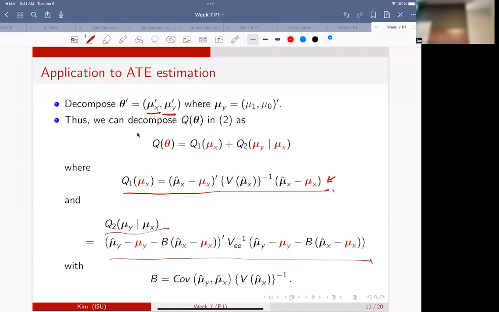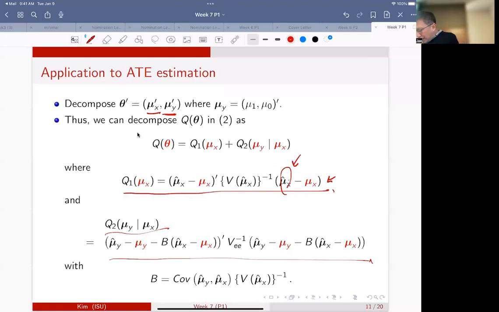But here you have one parameter and one estimator. So you can always make it zero. You know my point? So this one has two estimators, right? You have two estimators for one parameter.